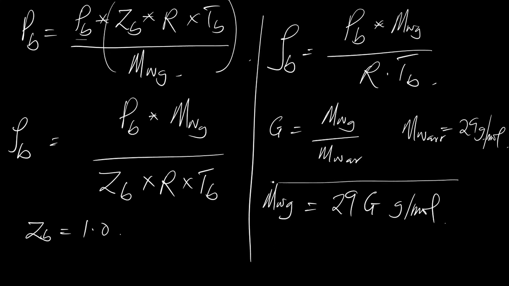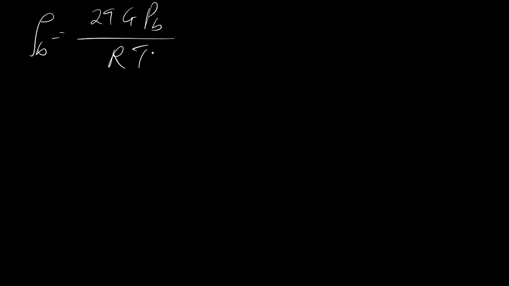So substituting this into this equation, we now have that the density at standard condition will be 29 gamma_g P_B all over R T_B.